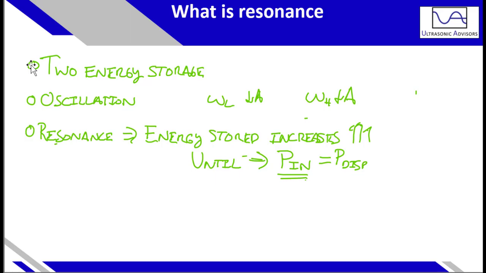But eventually that's going to equal the dissipated energy, because we know the damping of a mass spring damper is related to velocity. And in a resistor, the damping ability is related to the current.